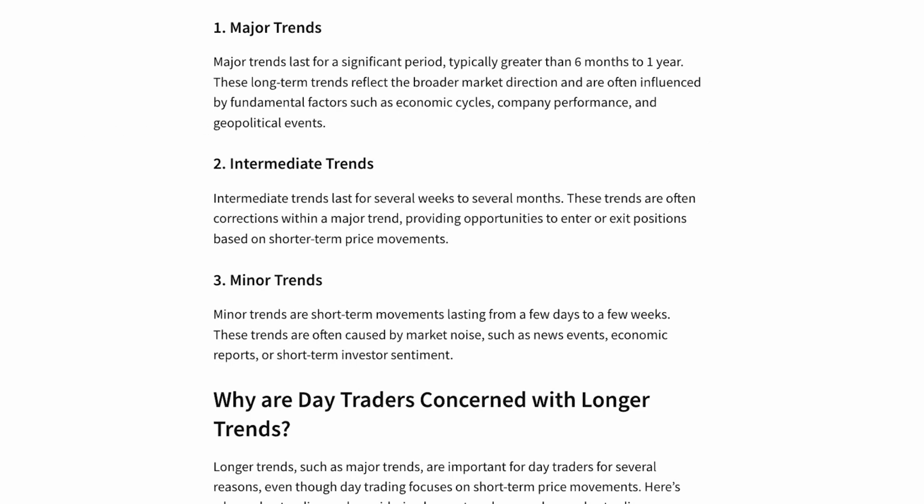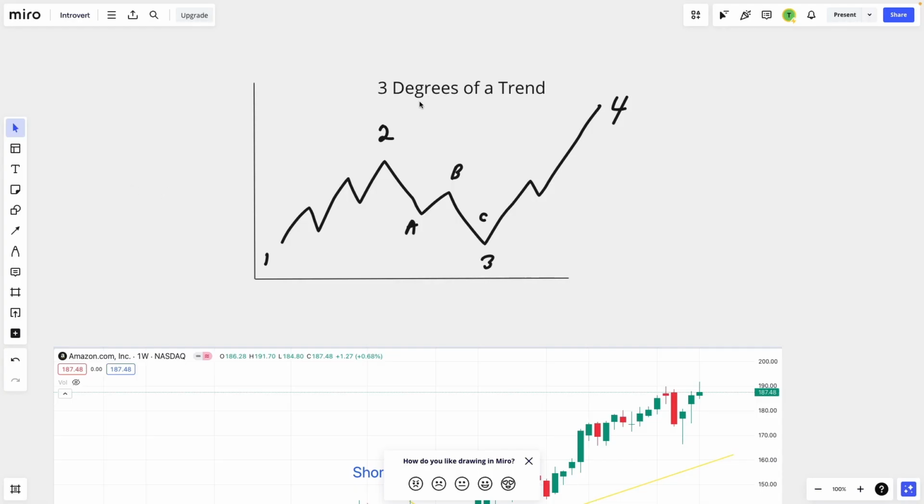So let's jump back over to the whiteboard and look at these different classifications in one simple example. You've got the 3 degrees of a trend in this graph, and this is the exact graph shown in the textbook Technical Analysis of the Financial Markets.